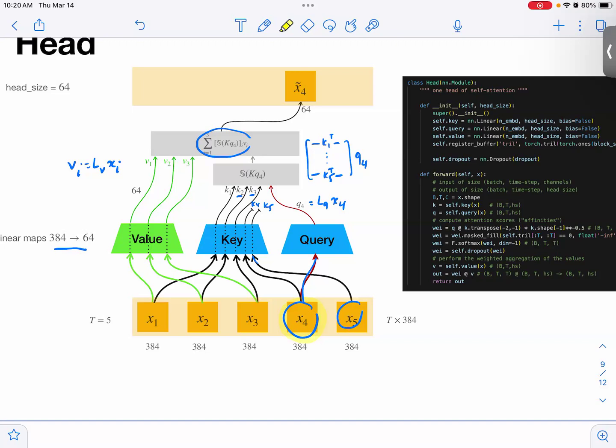You want to know what the other words have to say about it. There's no reason in principle why future words couldn't be used, but then you run into a problem at the end: you would need the future to predict the position of the first one. You always see the past, not the future.